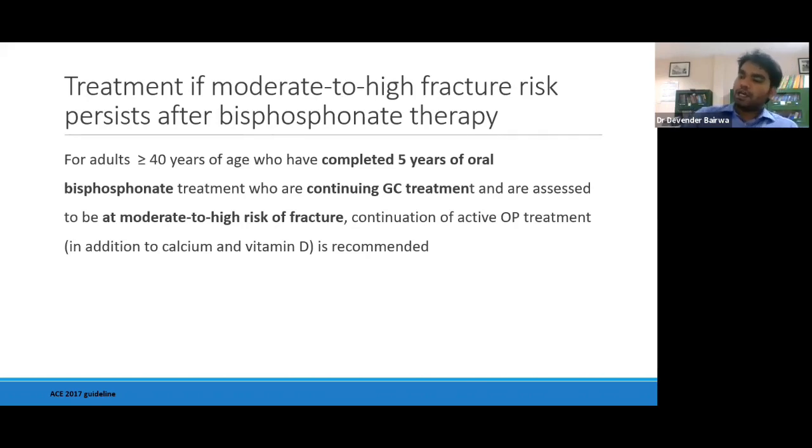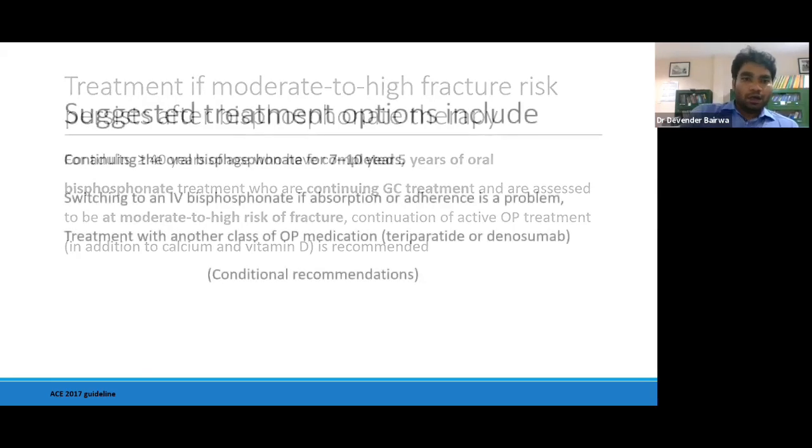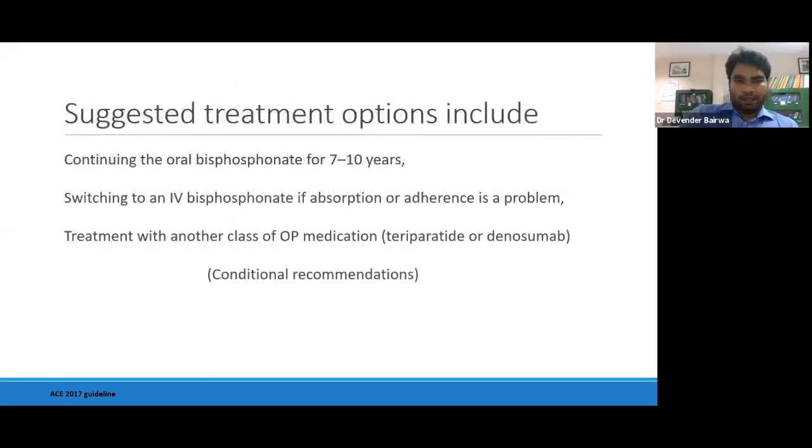If you assess your patient after starting therapy and their risk has not reduced, that is, they are still falling in the moderate to high category, then you have to continue your bisphosphonate therapy. That is the message. They suggested treatment will include continuing the oral bisphosphonate for 7 to 10 years, switching to an IV bisphosphonate if absorption or adherence is a problem, or treatment with another class of OP medication.